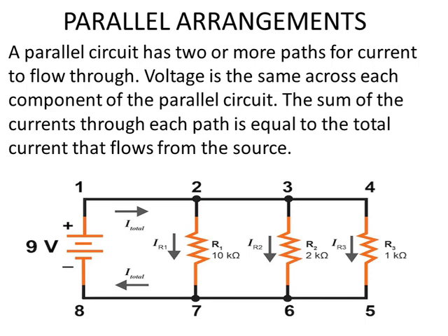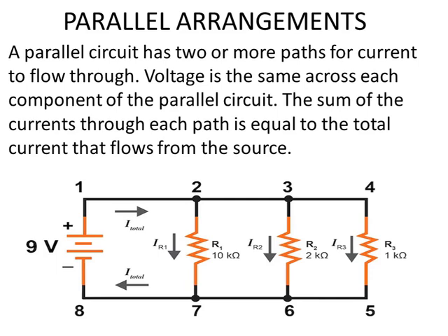Now, the parallel arrangement. For parallel arrangement, it doesn't have a single path, unlike the series arrangement. The parallel arrangement has two or more paths. In fact, as long as it is not a single path, the moment you are having 2, 3, 4, then you already have a parallel arrangement. So for parallel arrangement, the currents passing through are not the same.